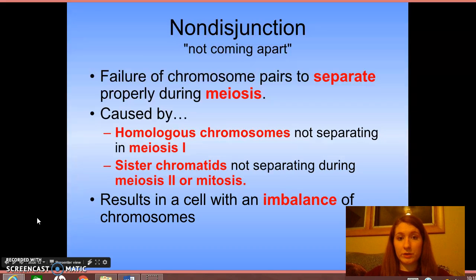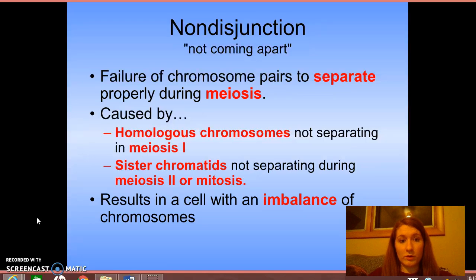So non-disjunction means not coming apart. When the chromosome pairs line up in metaphase, they're going to pull apart in anaphase 1. In anaphase 1, the homologous chromosomes do not separate, and then in anaphase 2, the sister chromatids would not separate.